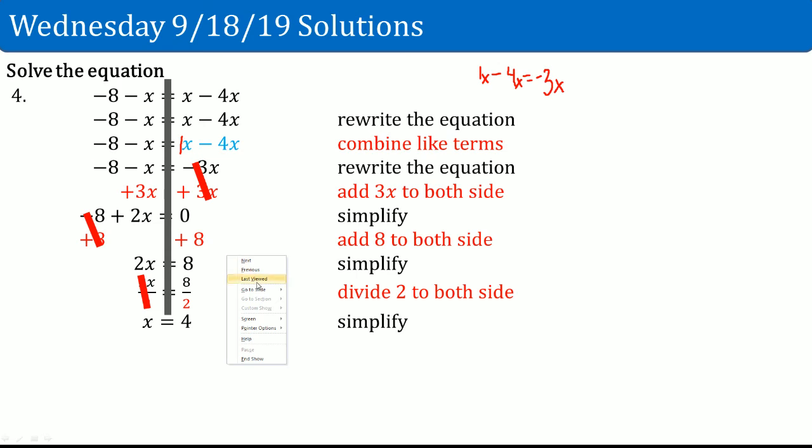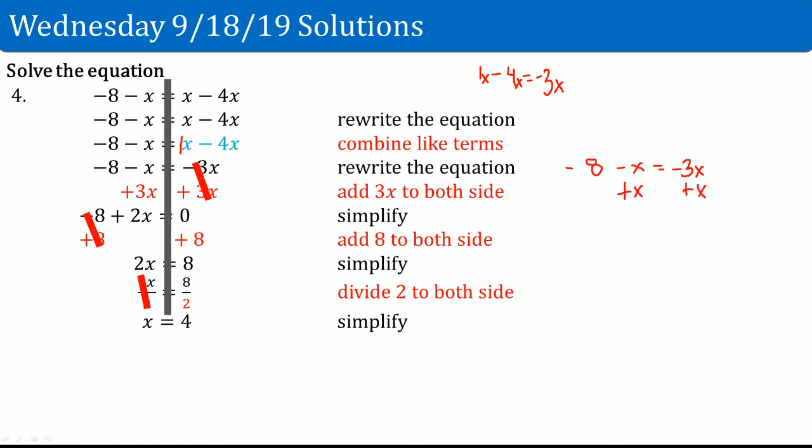A lot of you might not like that, so let me do the other method. So you had negative 8 minus x is equal to negative 3x. Let's say you want to move this side, so you plus x.